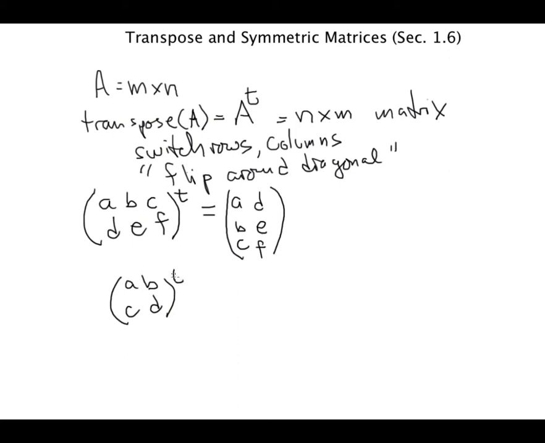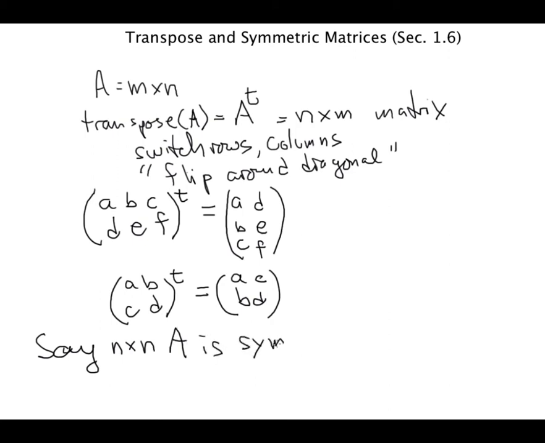A, B, C, D: its transpose is A, C, B, D. And we say a square matrix, an n by n matrix, A is symmetric if it's equal to its transpose. A is equal to A transpose.